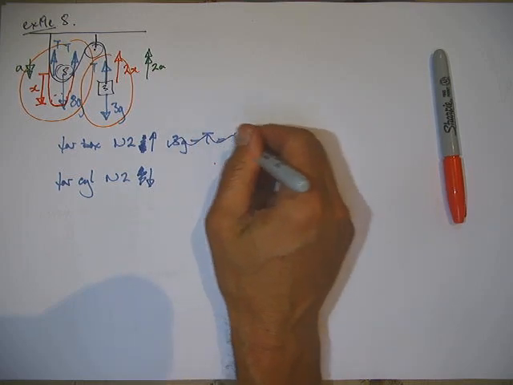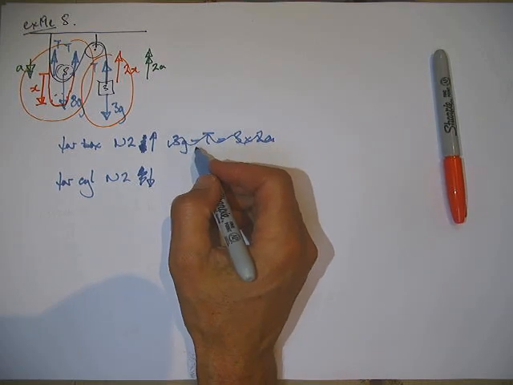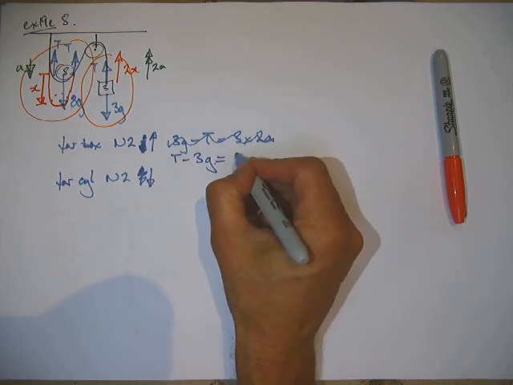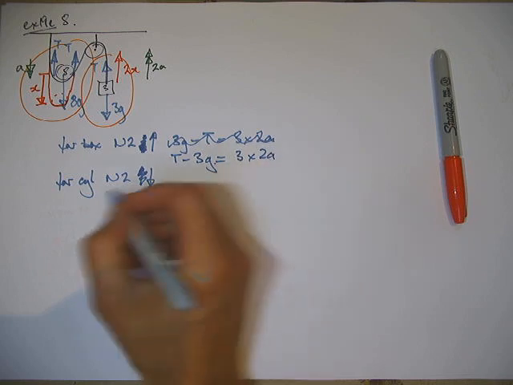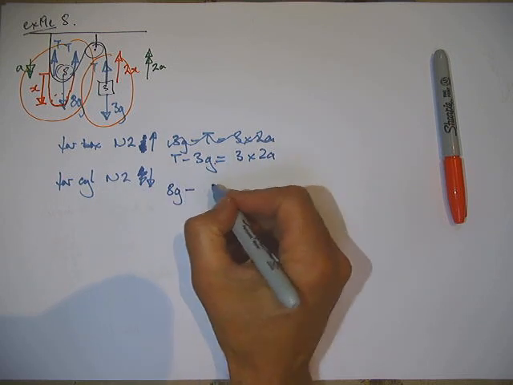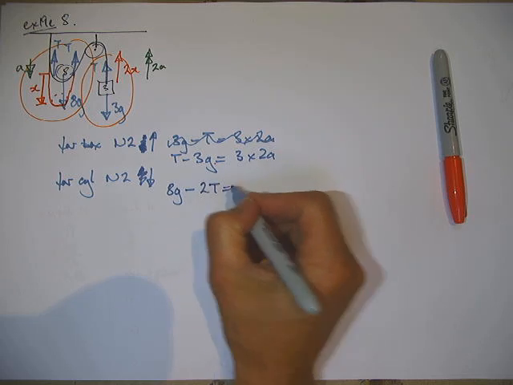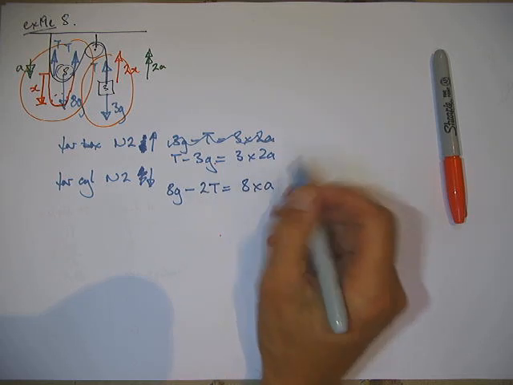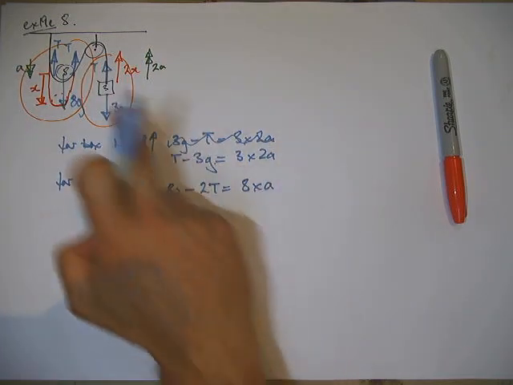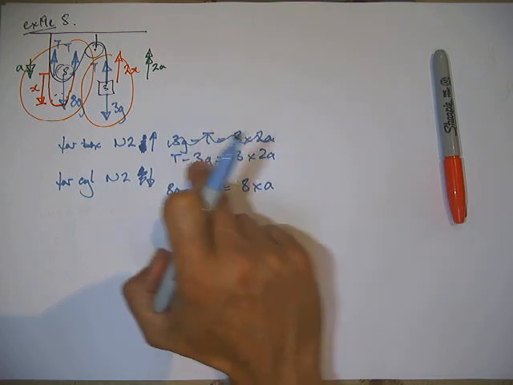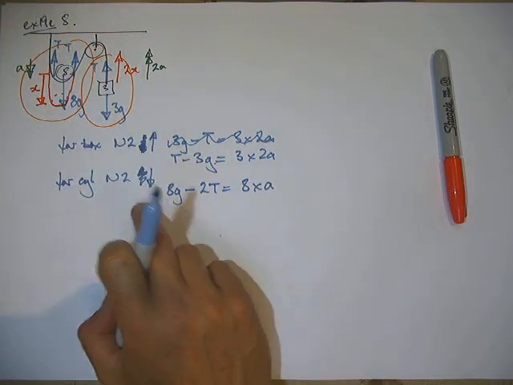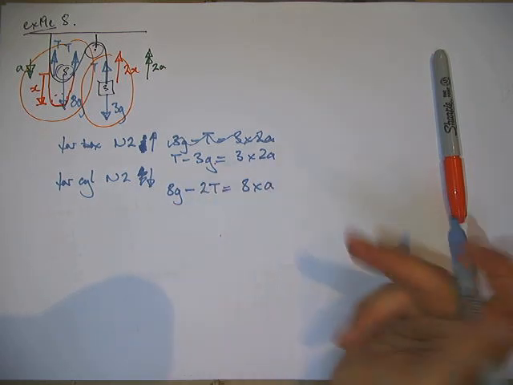Right, spotted my mistake, I've left space for it. So upwards, that's T take 3g is 3 times 2a. For the cylinder downwards, 8g take 2T is 8 times a. I'm just going to check that's the correct acceleration, that's moving upwards. So upwards, downwards, upwards acceleration. This one's moving downwards, downwards take upwards.